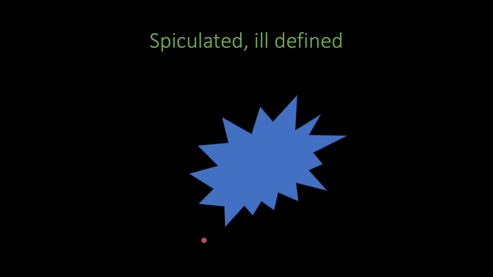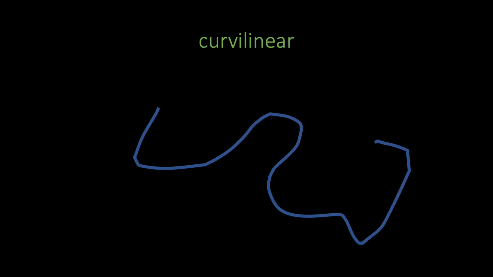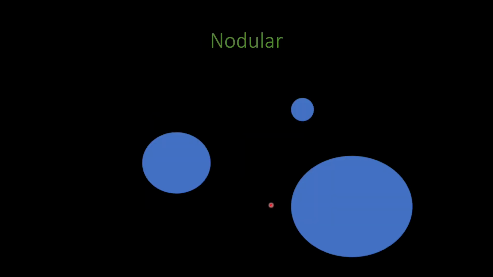So if you look at a chest x-ray and you call something a spiculated lesion, you're probably describing a malignant mass. Then we have something that can be curvilinear, and that can be an airway, for example, or a vessel could be curvilinear. And then nodular, so nodules are usually round or oval shaped. They're usually well defined, and they have well marginated contours.